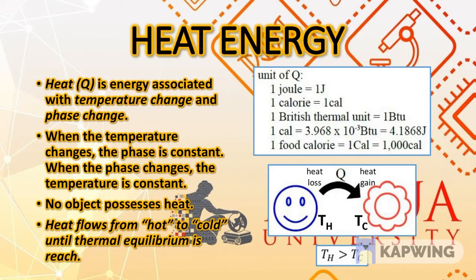Heat will flow from hot to cold until thermal equilibrium is reached. That is to say, objects will interact and heat will flow until all the objects have the same temperature, until thermal equilibrium is reached.